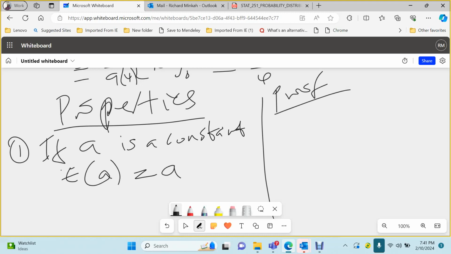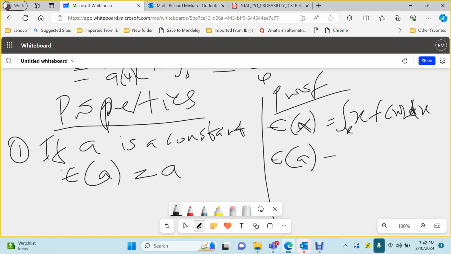Let's take continuous. The expected value of A is the same as, remember, when you take the integral, you take the value that it takes.